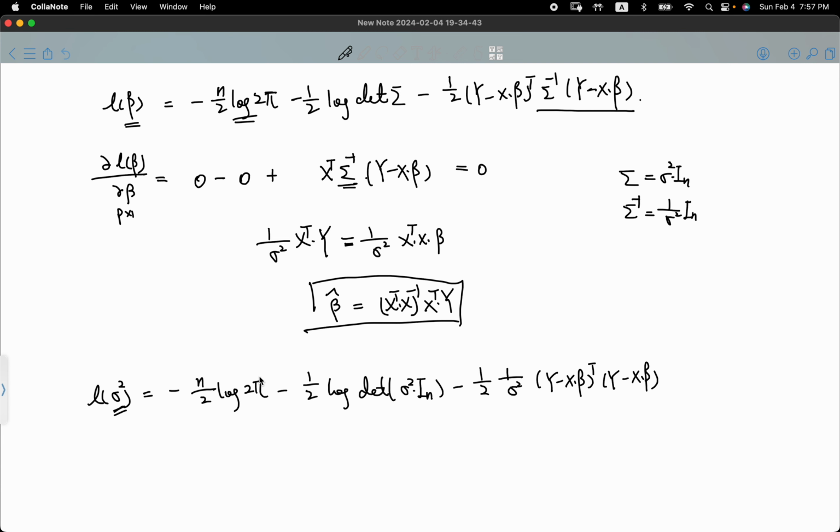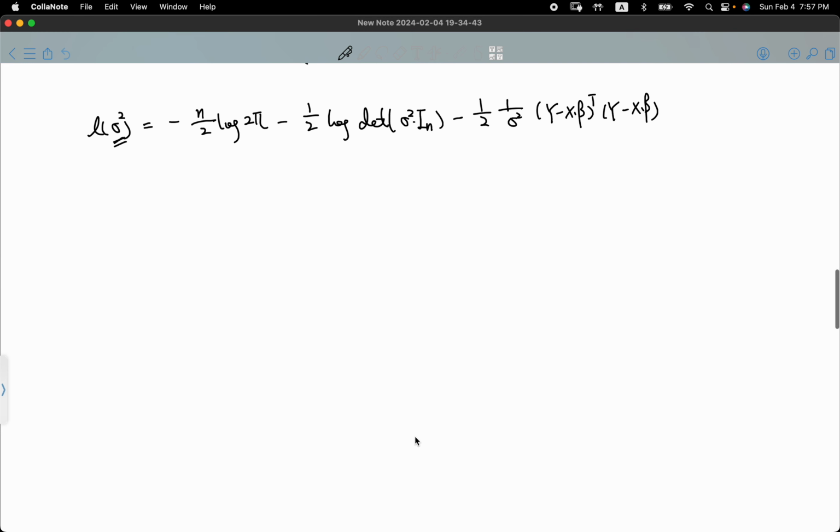Okay, let me just double check. Here I'm plugging in sigma square times the identity, and here because we have an inverse, I need an inverse.